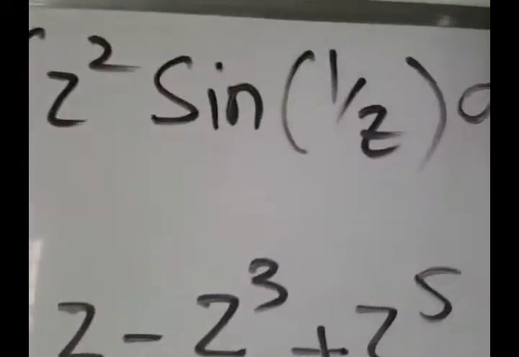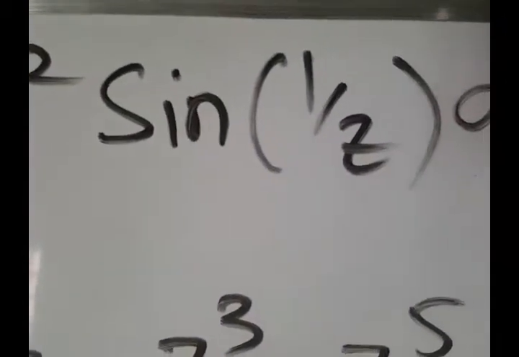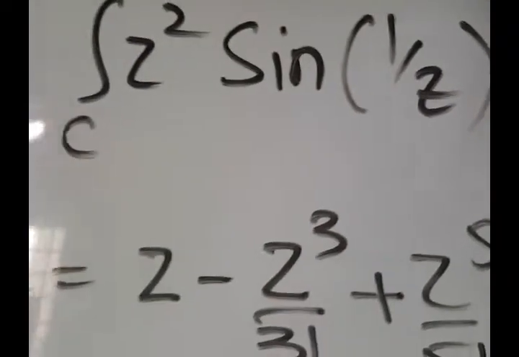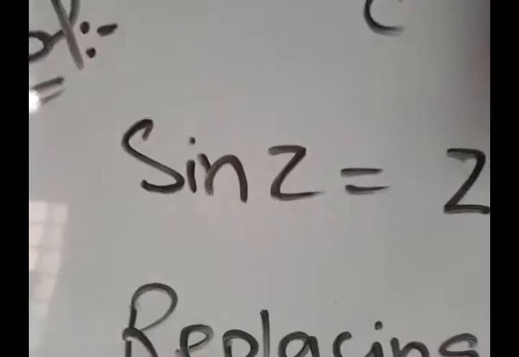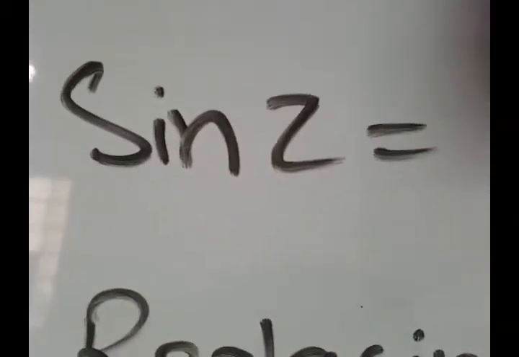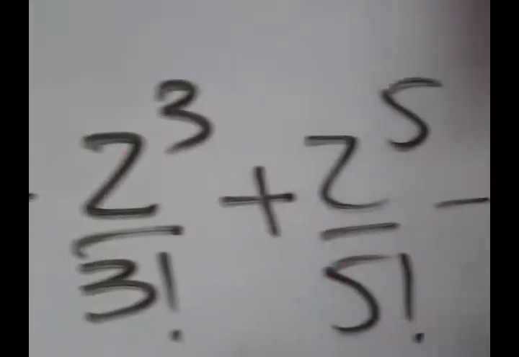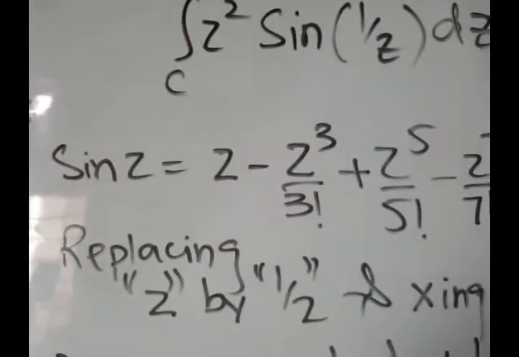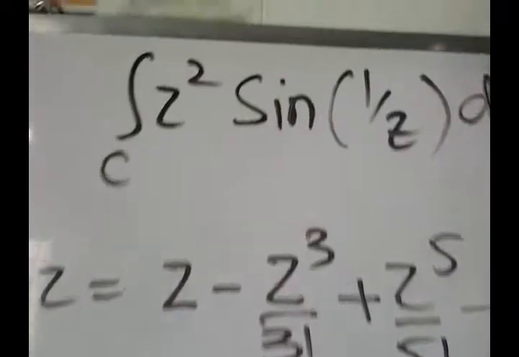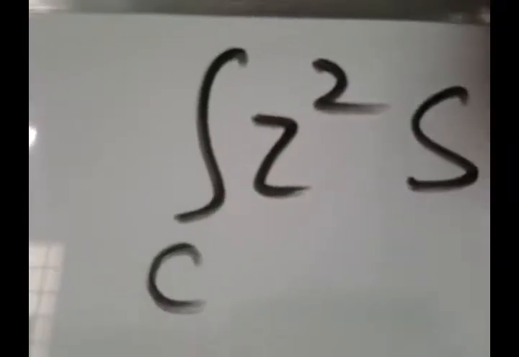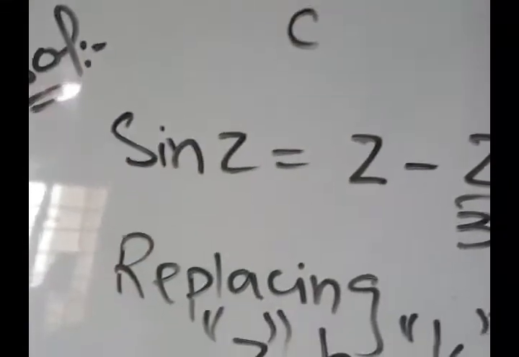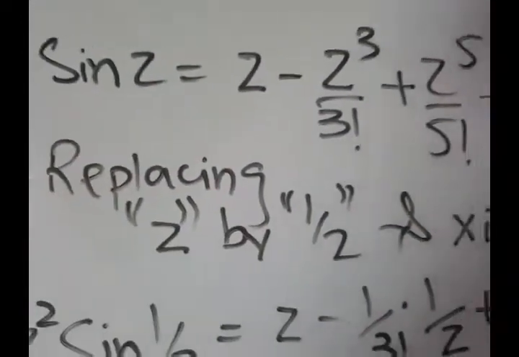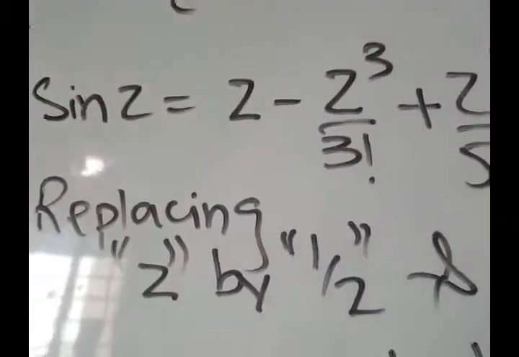As we can see, the question we have involves sine 1 by z. So in order to get sine 1 by z, we are going to replace that particular z by 1 by z in all the expressions. So we will replace z by 1 by z in this series expansion, and according to our question, z square is multiplying here, so we will multiply by z square after replacing. So I'm going to perform two steps directly.